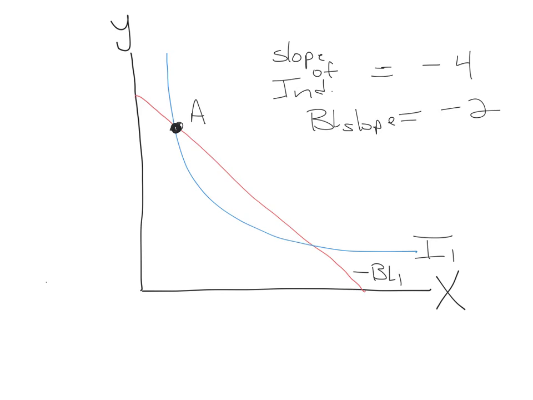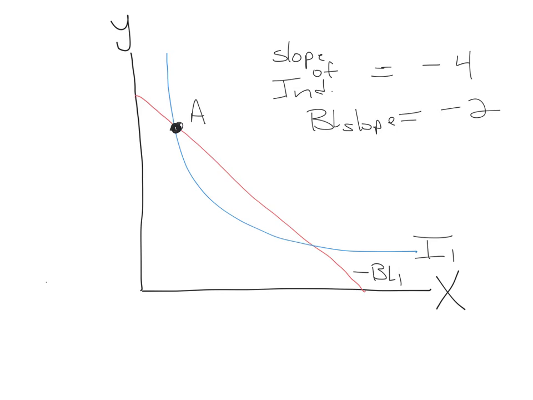So in other words, this consumer can buy X at 2Y in the market, and yet he's willing to give up 4. So clearly this consumer is getting a bargain on X, so this consumer should probably buy more X. So in other words, when the budget line is not tangent to the indifference curve, this consumer can actually find in the market a price that is lower than the value he has for the good. So therefore, the consumer should probably switch consumption.